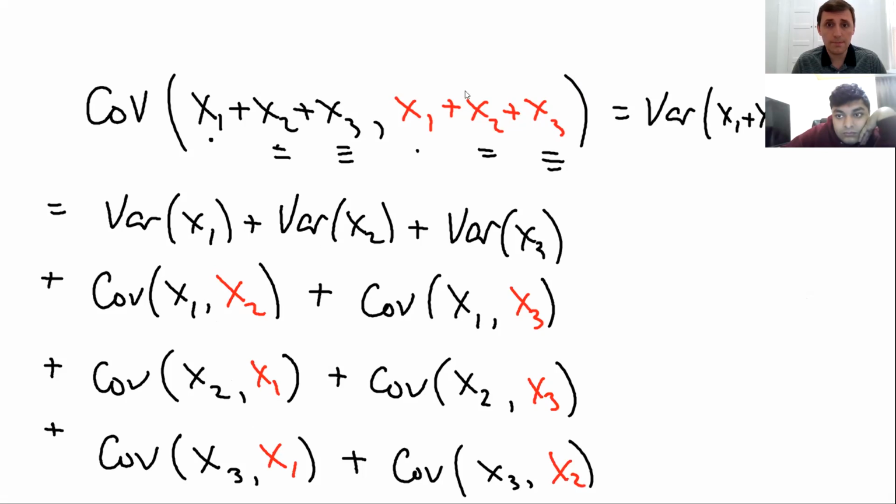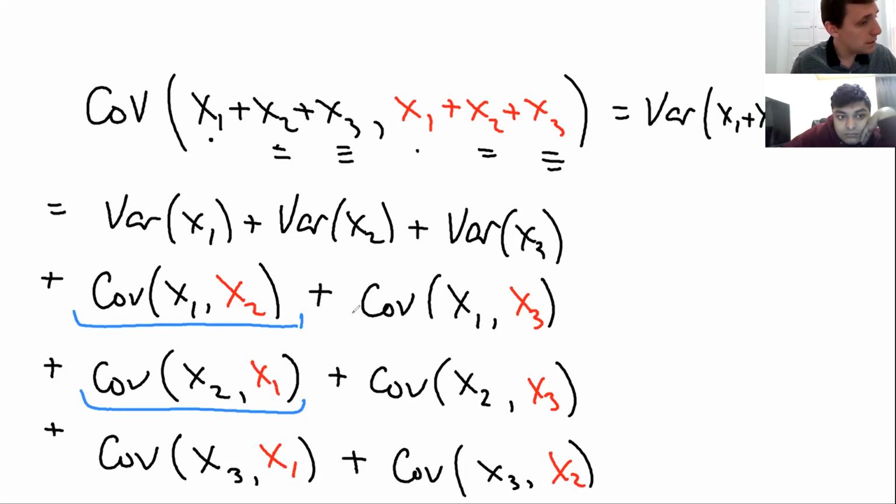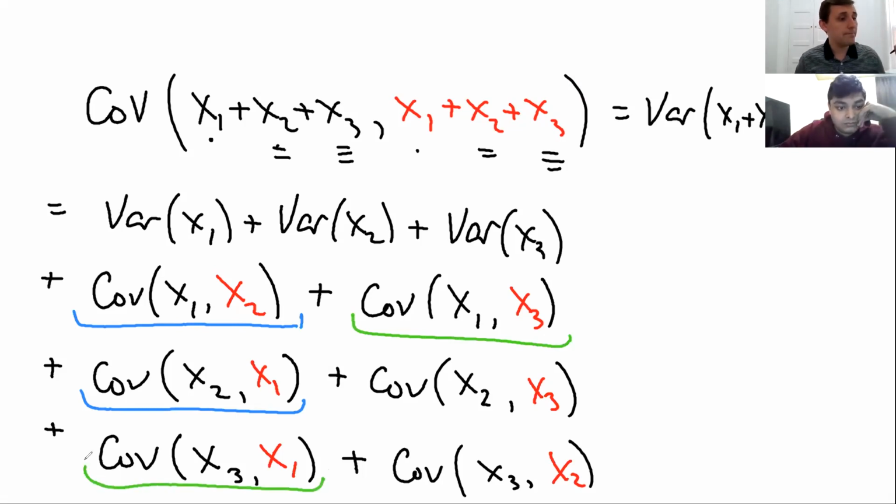They are the same. So this and that are the same. They come in pairs. We also have that x1 and x3 is the same as x3 and x1. And the remaining ones are the same.